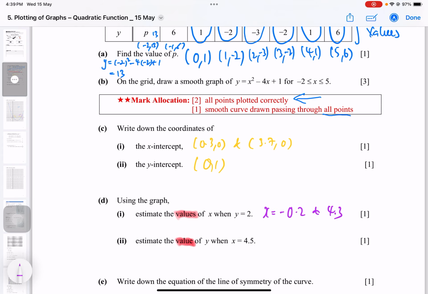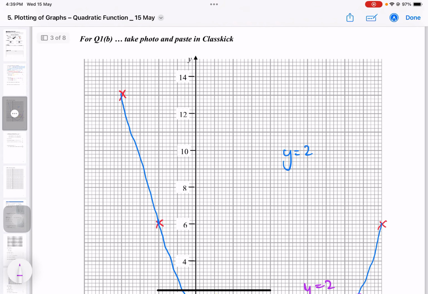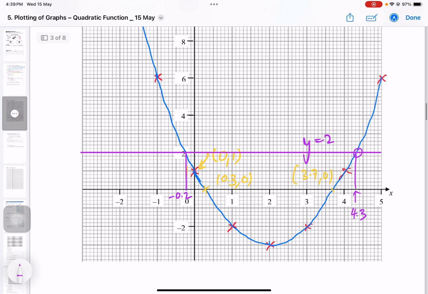The value of y when x equals 4.5. So x equals 4.5 is here. I will draw the value up, then draw across until it touches the y-axis. When I read off here, it is actually 2.8.